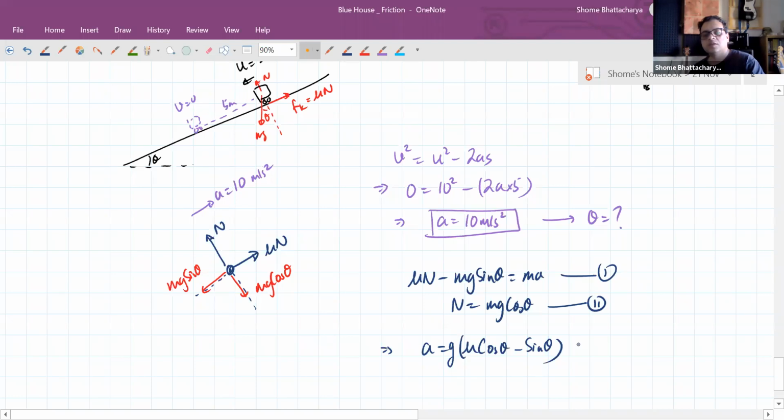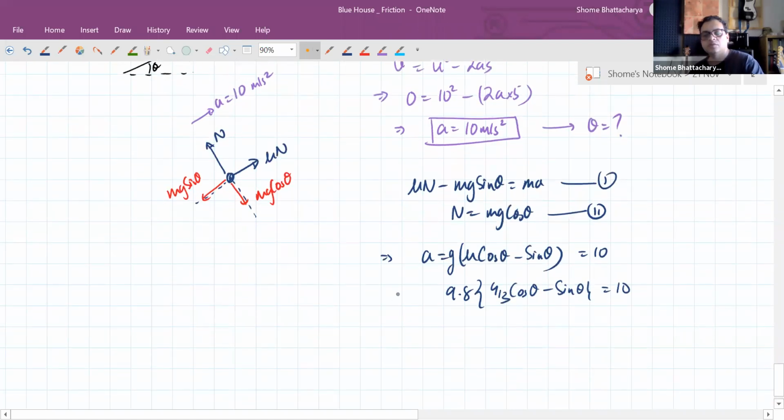Okay, and that should be 10. So 9.8 into 4 by 3 cos theta minus sin theta should be equal to 10. So this is the equation you have to solve. 4 by 3 cos theta minus sin theta. I think we have to take g as 10 in this, or no?